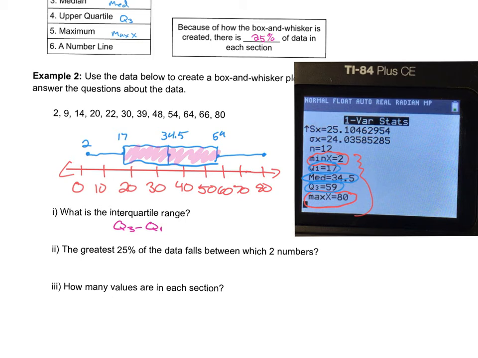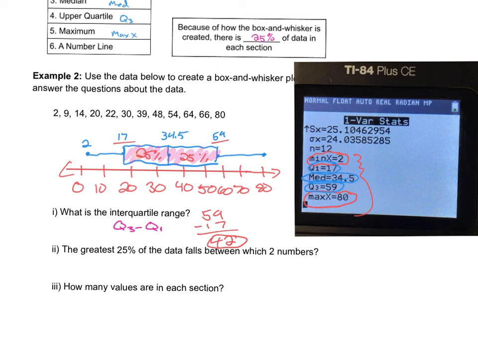Because if you think about it, we've been saying each one of these sections turns out to be 25% of your data. So what was our Q3 value? 59. What was our Q1? 17. So 59 minus 17 is 42. What that tells us is over half of our data is spread out amongst a range of 42. So that's a pretty big range.